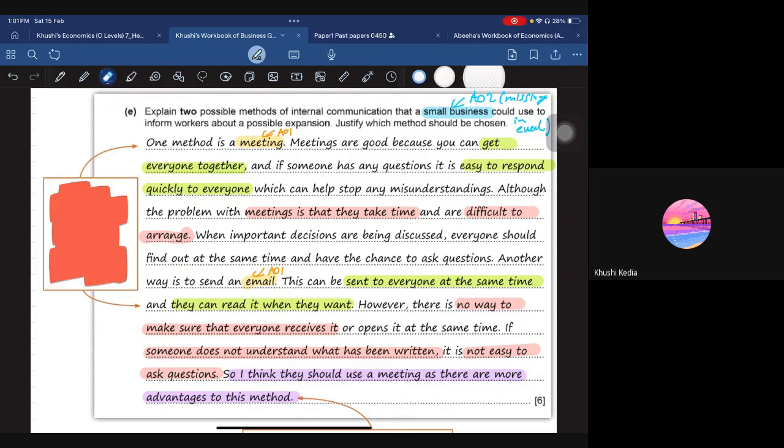So you have given him 5 out of 6, where you have deducted the mark because he has not explained the evaluation, right? Yes, sir. Okay.